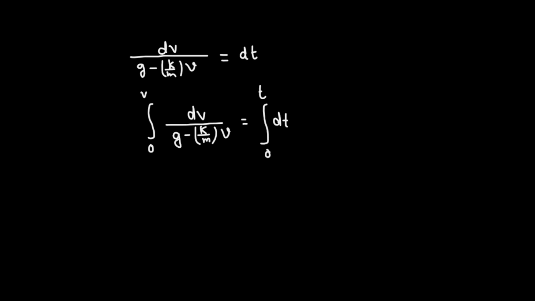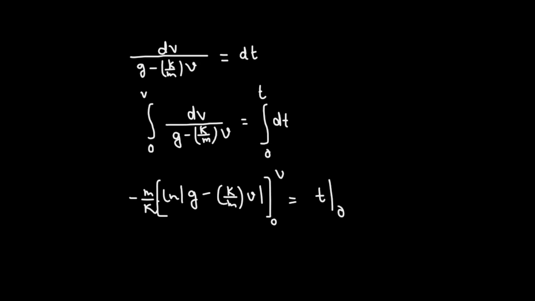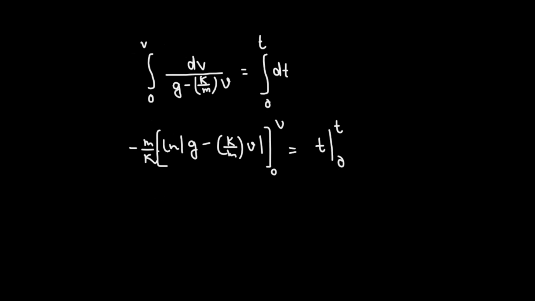So that should give us negative m over k times natural log of g minus k over m times the velocity v, with the limits going from 0 to v, equals time t, with the limits going from 0 to t. So let's solve for this.